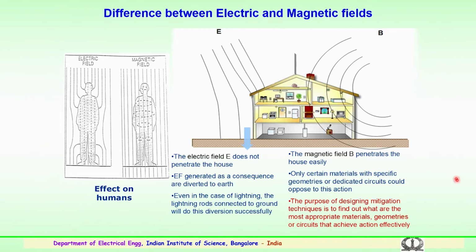This is a very important aspect. Magnetic fields are much more dangerous compared to the electric fields, so they have to be properly contained and suitably mitigated with the help of the available techniques.